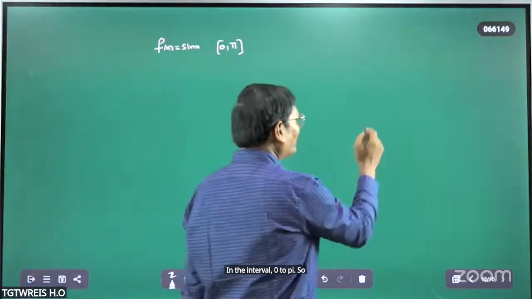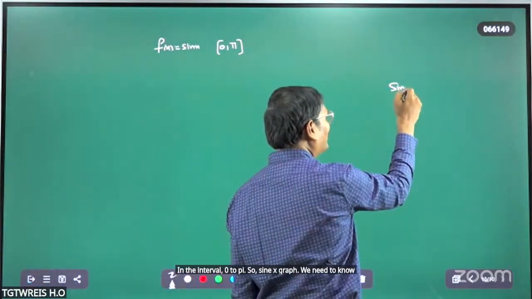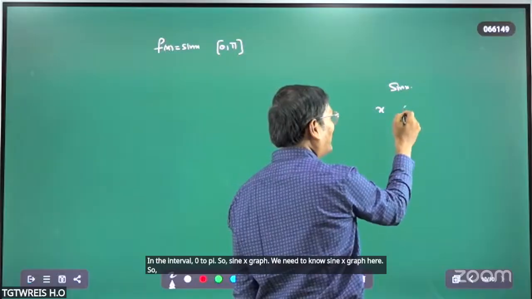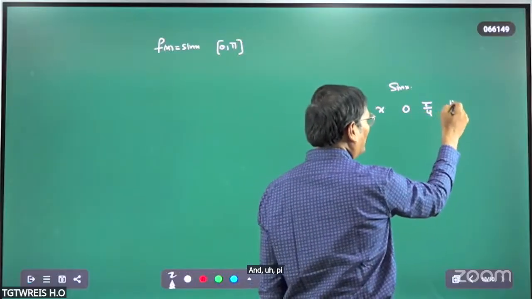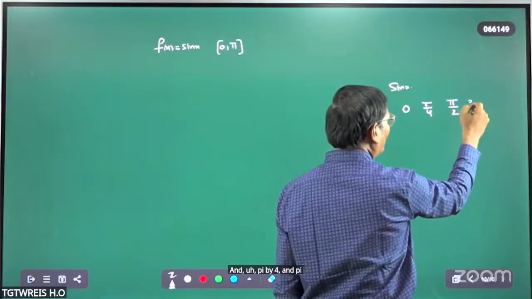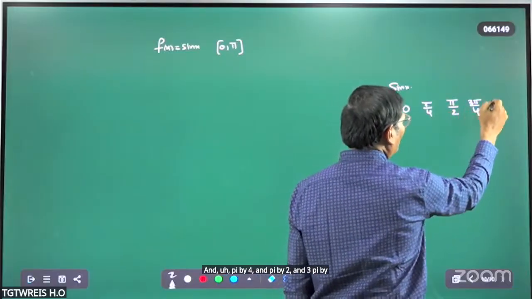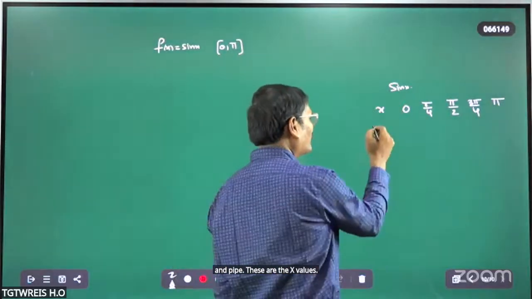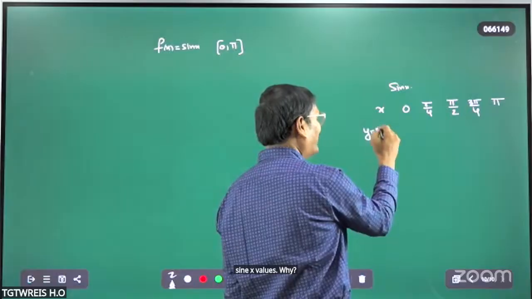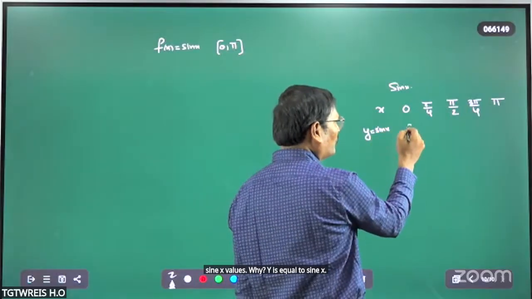So we need to know the sin x graph here. The x values I am taking are 0, pi by 4, pi by 2, 3 pi by 4, and pi. These are the x values. Sin x values, y is equal to sin x. Sin 0 is 0.